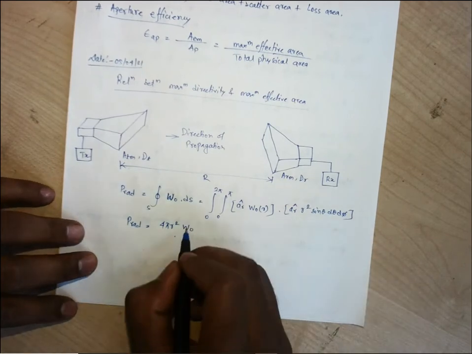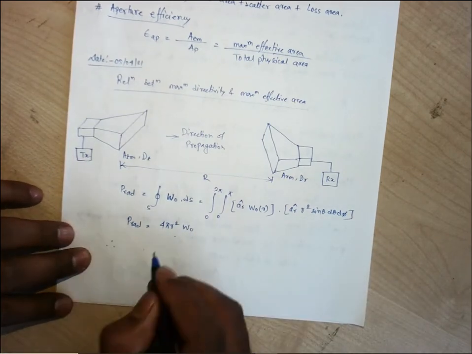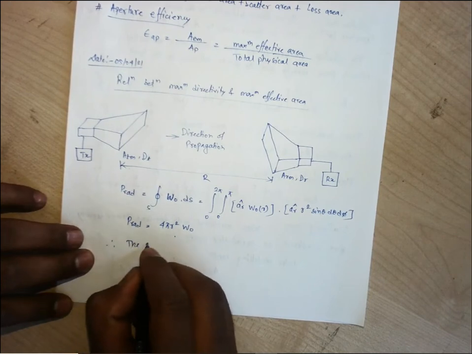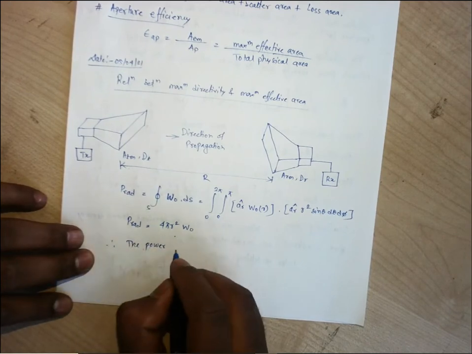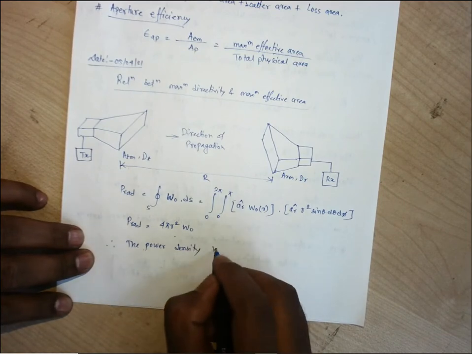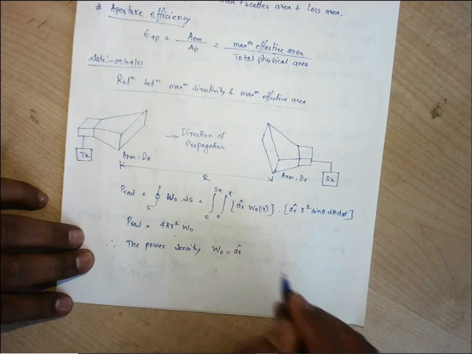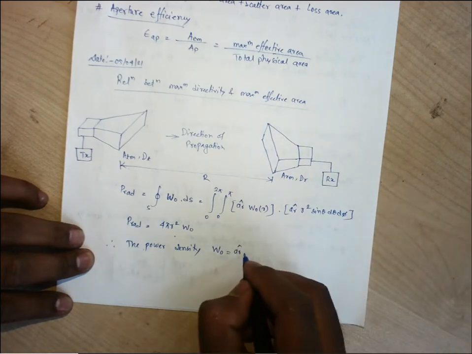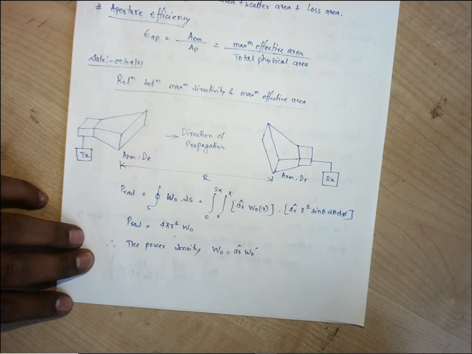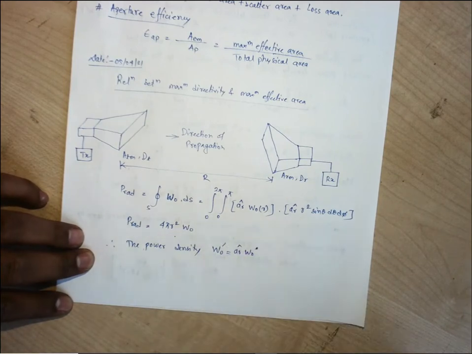Now, what is this power density? The power density, that is this W naught, is in the radially outward direction with some value. So what is this W naught? Let us give this one a prime.